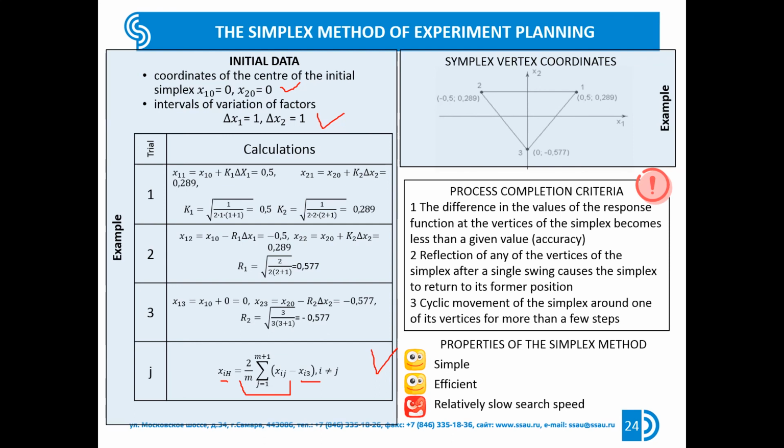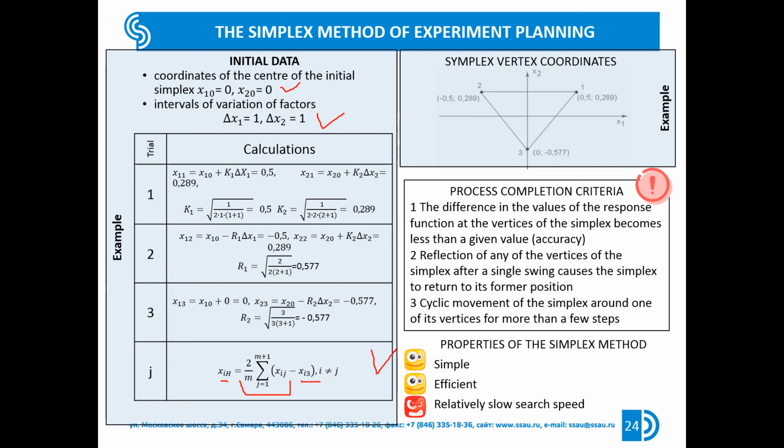The simplex method algorithm, described above, is relatively simple. It is quite effective even for minor errors in the definition of the response function, but it is not fast enough. There is a modification known as the deformable simplex method, which speeds up the process of finding the optimum by using the information accumulated at the previous steps.